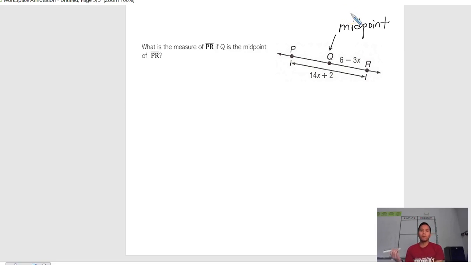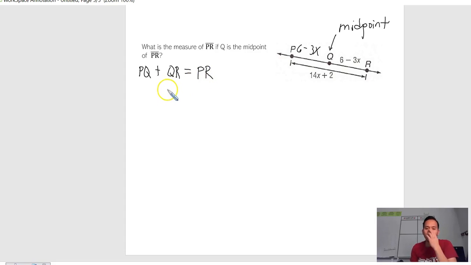Therefore, your QR is 6 minus 3x and PQ is also 6 minus 3x. So if I'm going to add these two together, it will become PR. I'll add PQ plus QR is equal now to PR.